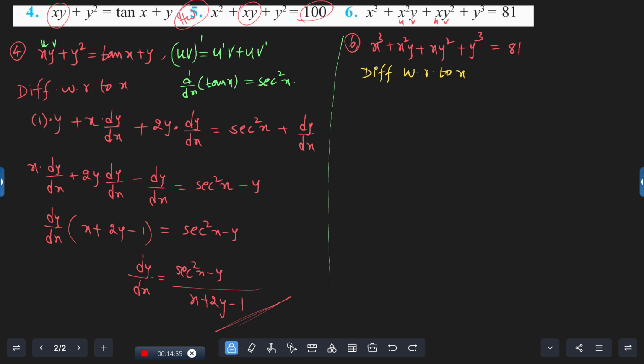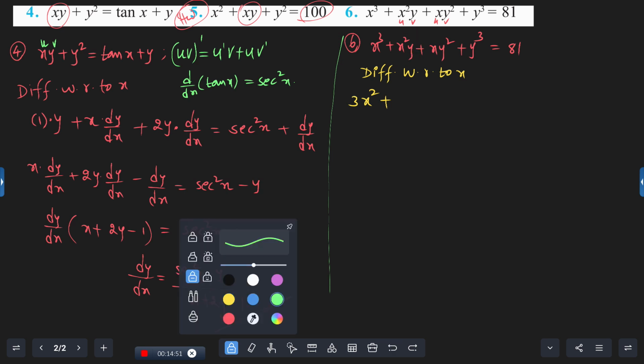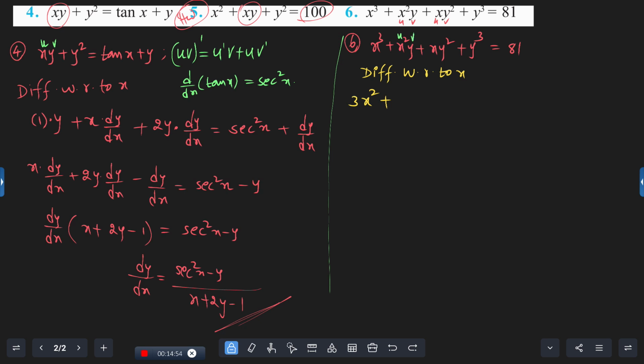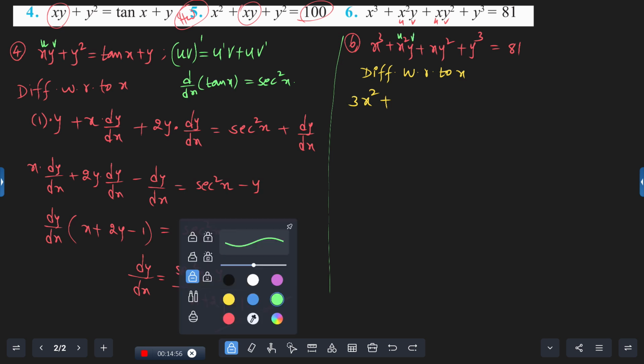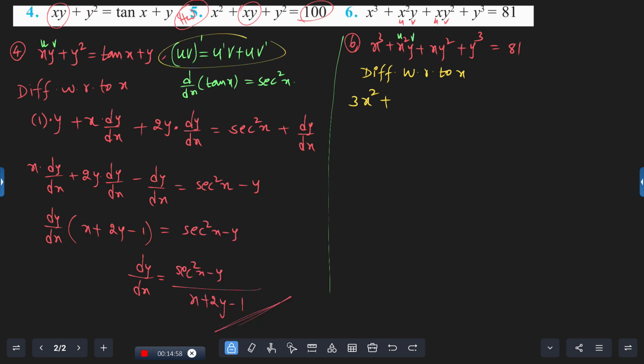The x cube derivative is 3x power 2: 3 will come down, power 1 is reduced, so 2. And this one you want to use, as I said, the UV formula. Let me mention the UV: here x square is u, and this one is v. Have you remembered the UV formula? Here I have mentioned it.